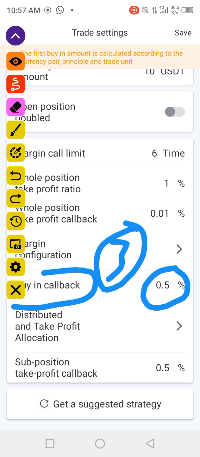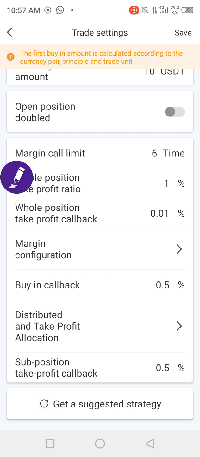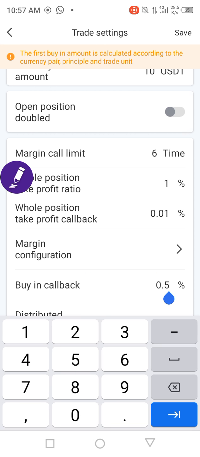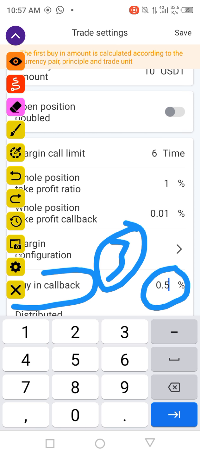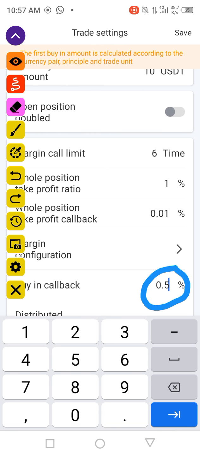So if you want the system to be buying frequently, you can reduce this one. But if you don't want it to be buying frequently, you increase it. This button actually assists you so that the robot will not be buying at high cost for you all the time.